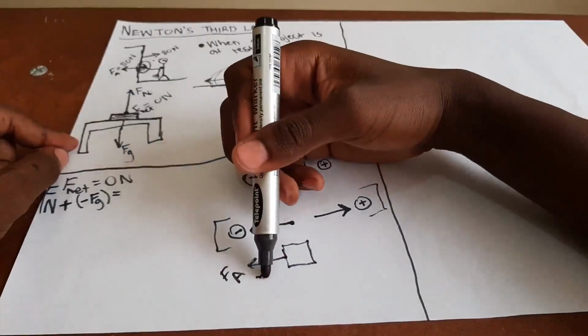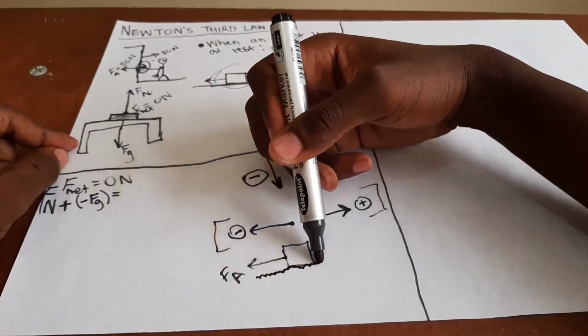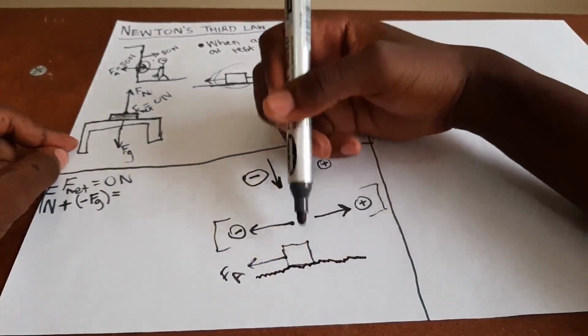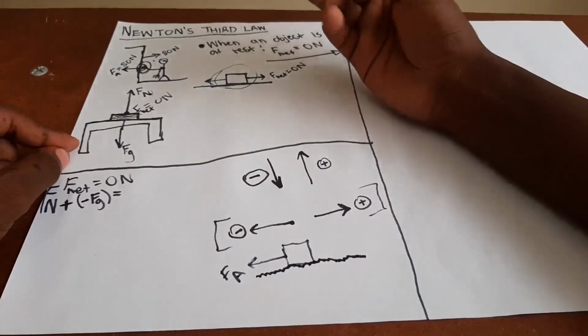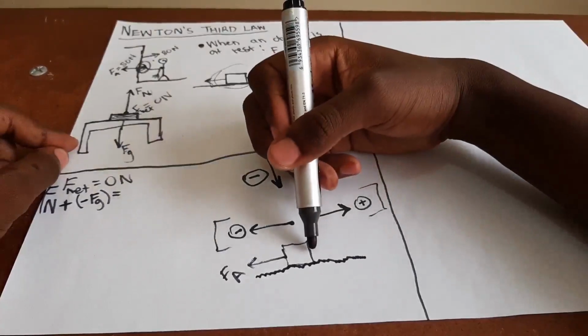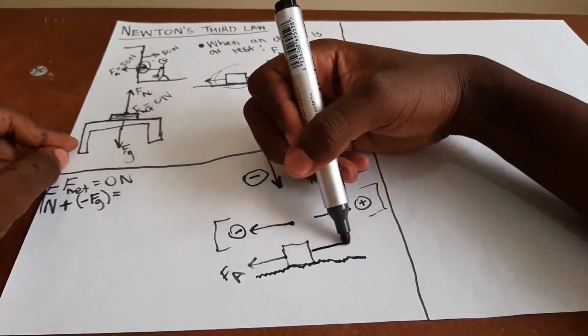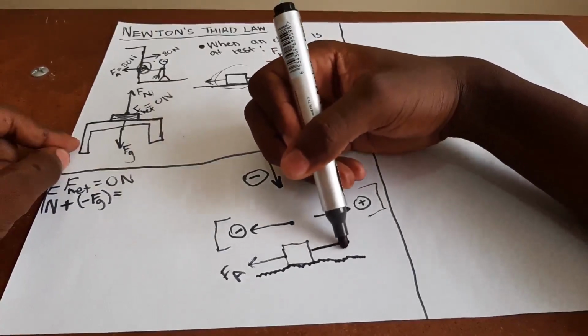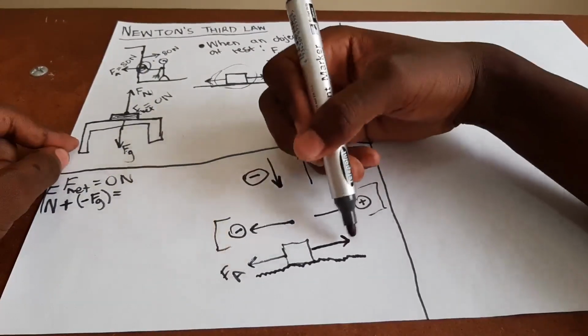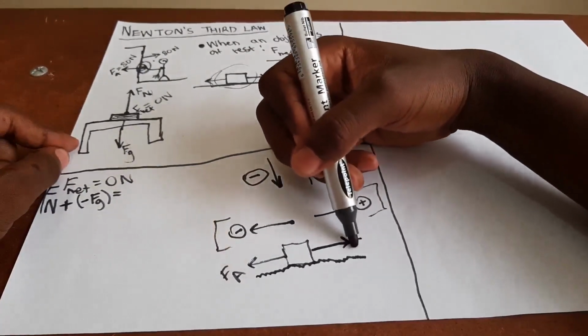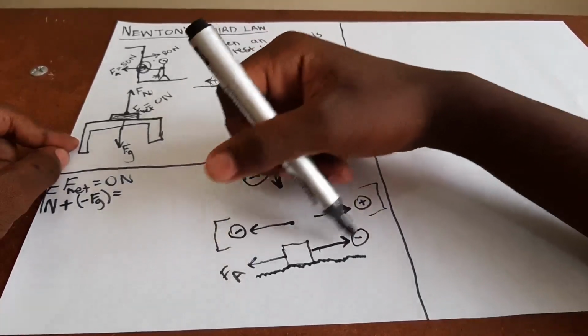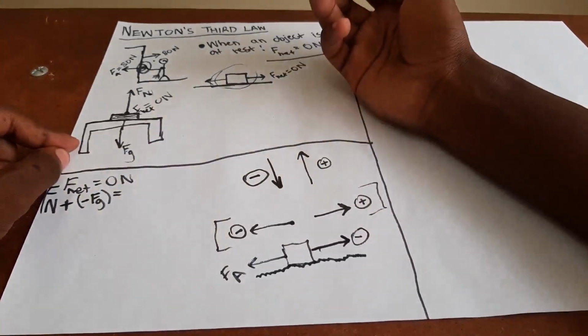Let's say friction is present. So the frictional force is going to oppose the motion, is going to oppose the applied force, meaning that this is going to be minus, because it's opposing the motion.